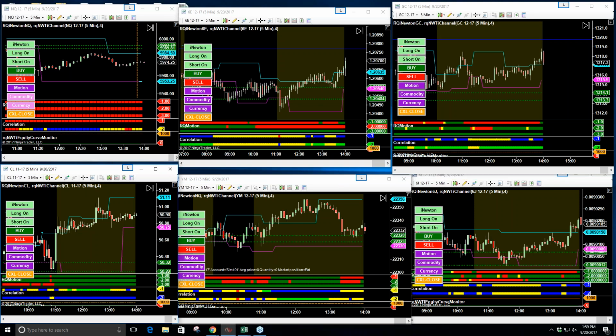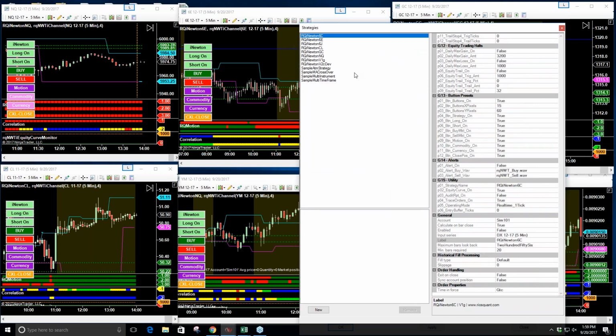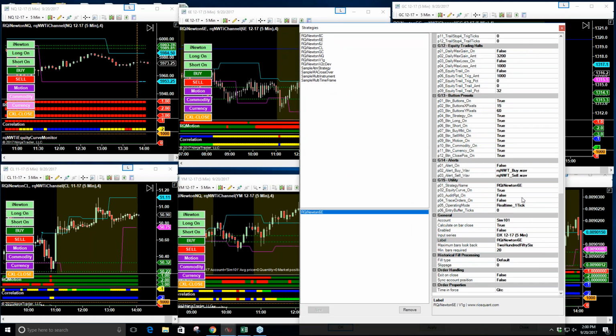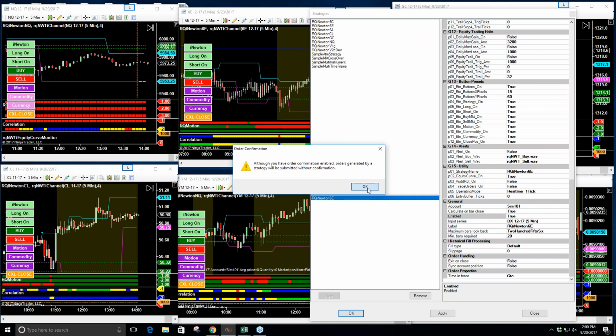Now, I also have the dollar here. And I'm going to turn it on only to trade it on the chart, on the buttons.